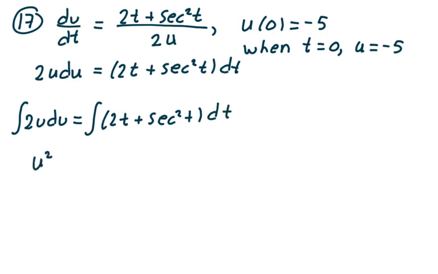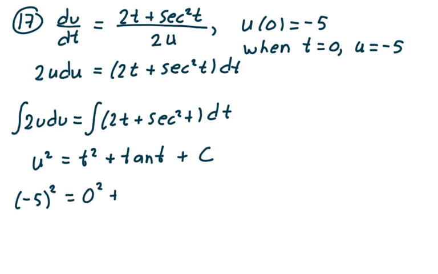So u squared is equal to t squared plus tangent t plus c. Now we need to be able to solve for c. So negative 5 raised to the second is 0 squared plus tangent of 0 plus c.